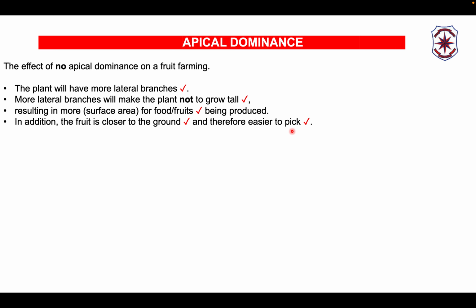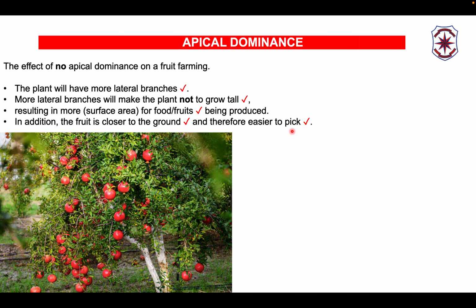Having less apical dominance. Please take notes of this or a screenshot of this. It will come up in the exam, I promise you. So there is a fruit tree with less apical dominance. As you can see, it has more lateral branches. Having more lateral branches, it doesn't grow to be very tall.